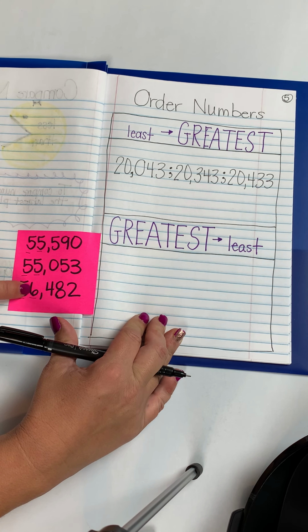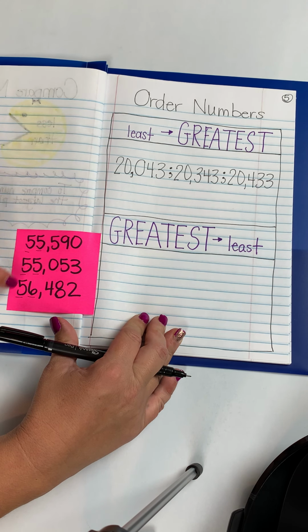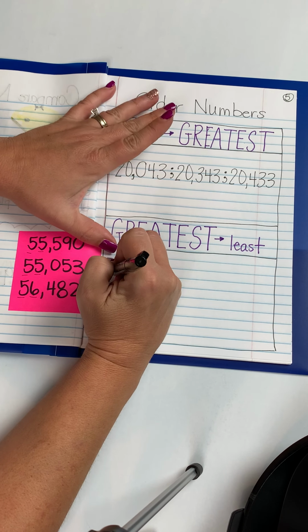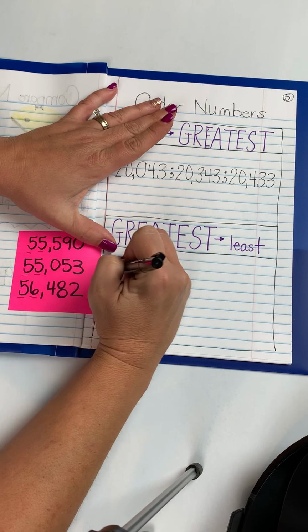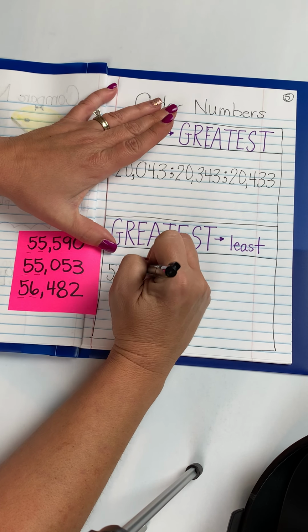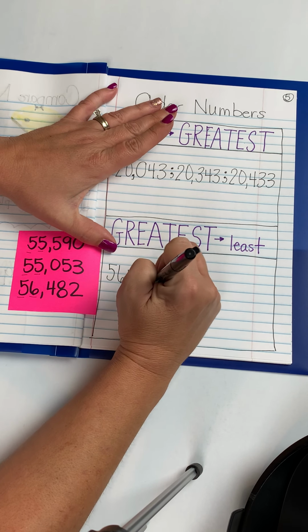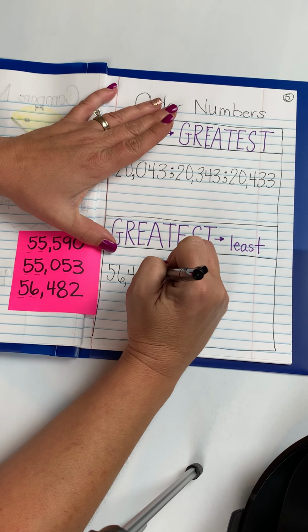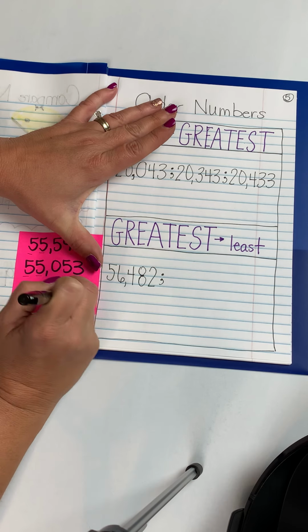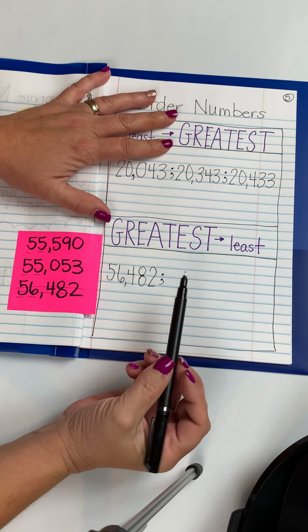So since this one has a 6 and these two have a 5, this one has to be the greatest. So we want to list 56,482. That is our greatest number, right? And I'm going to go ahead and mark that off my list because we've used it.